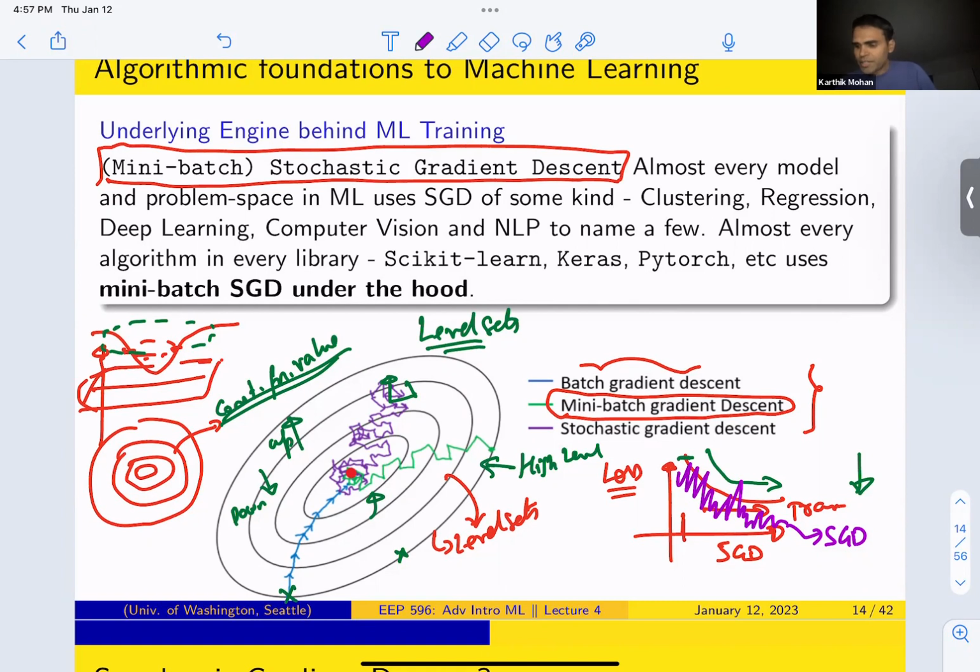So here's the thing with batch gradient descent versus SGD. Batch gradient descent works with a batch of data set, and the batch can be the full data set that you have. The data sets that we are looking at in our assignments are something that you can work with for batch gradient descent. But once you start scaling the data set, you can't even load the batch in memory, right?